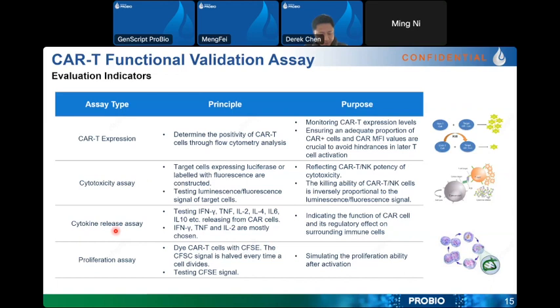Cytokine release assay is another key approach to demonstrate effector cell activation through interferon gamma, TNF, and interleukins. In addition, effector cell proliferation can be determined by CFSE staining.